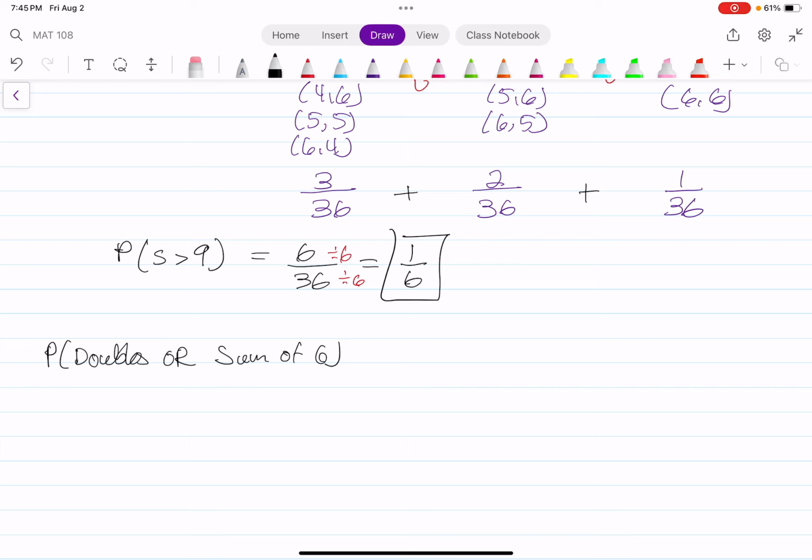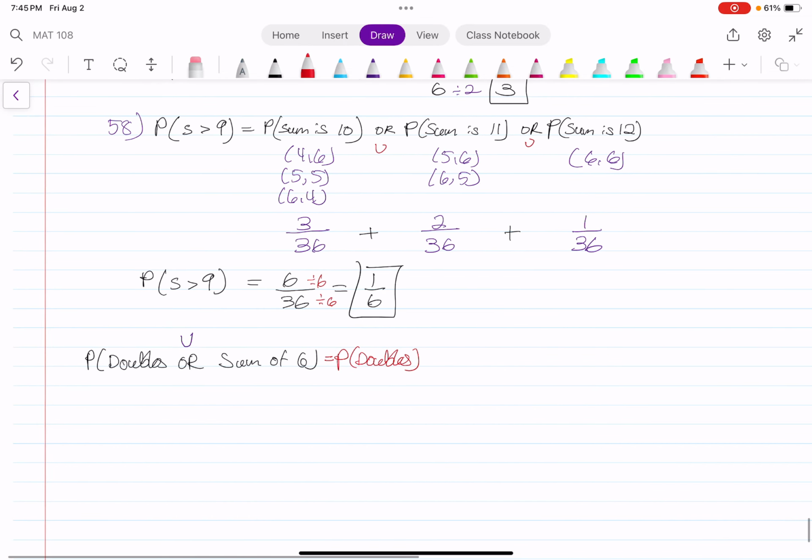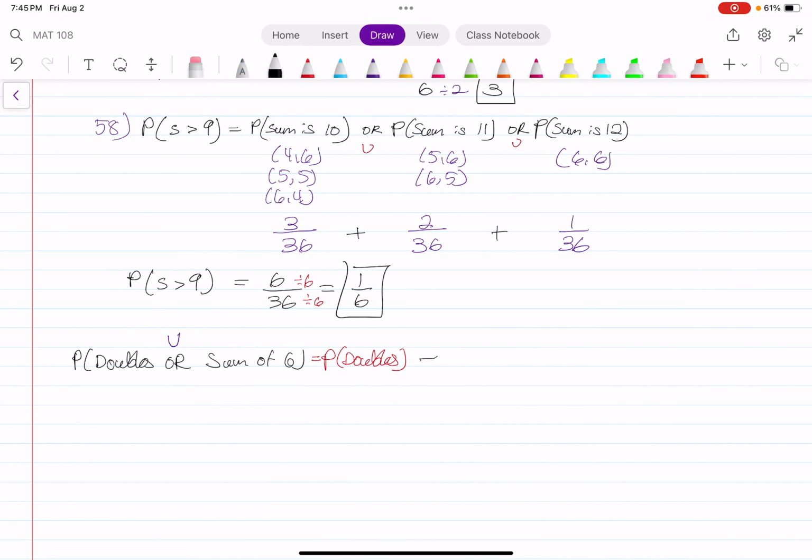Remember, or means union. We just said it a minute ago. And when you want to find the probability of a union, that means you are using the addition rule. Hence, the probability of doubles or 6 equals the probability of getting doubles plus the probability that the sum is 6.